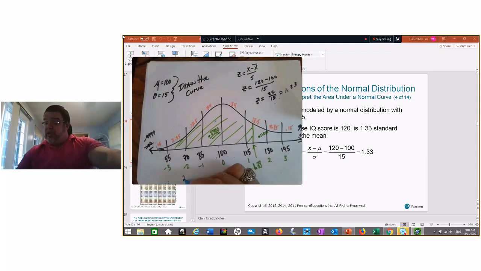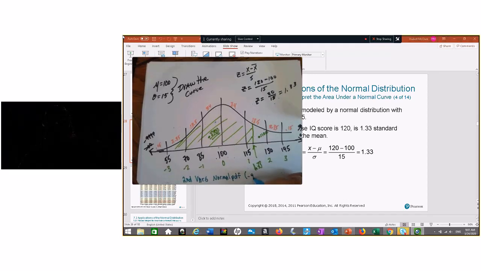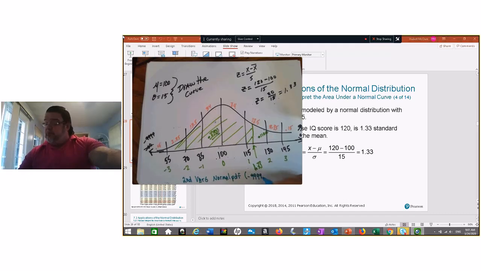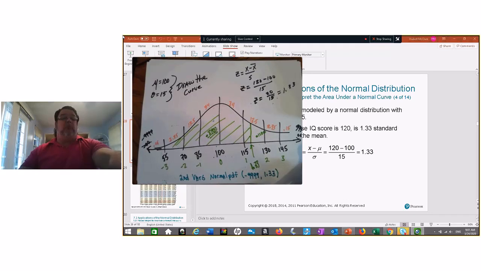You would do second, vars, normal PDF, parentheses, negative 9999, comma, 1.33. Miss Holcomb, do you have a calculator? And that's how you find this area.